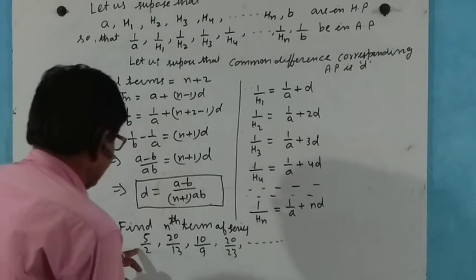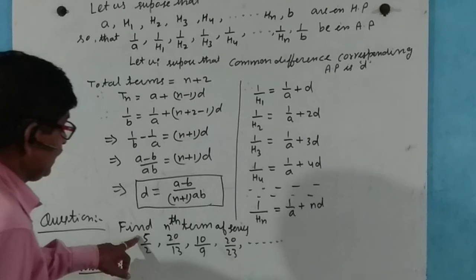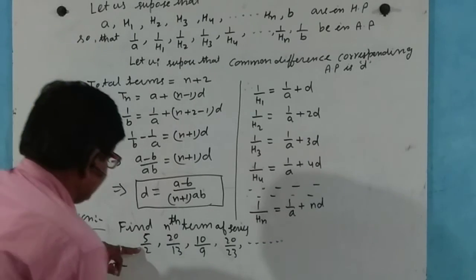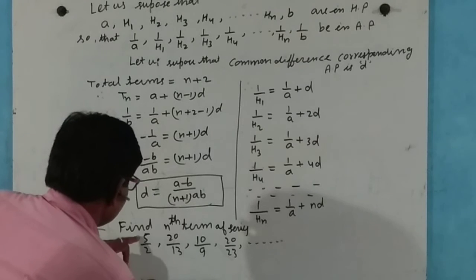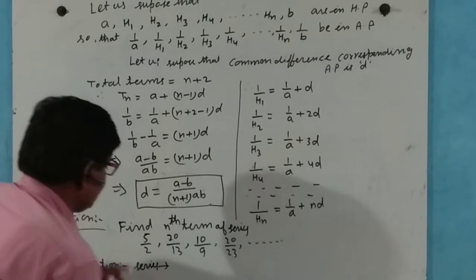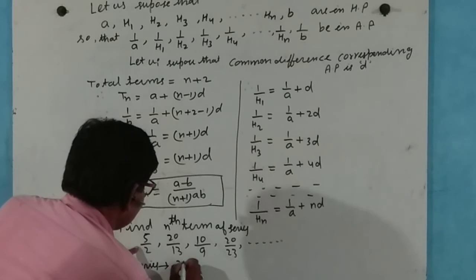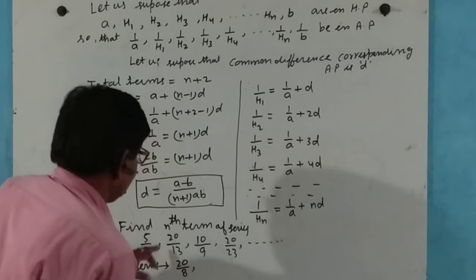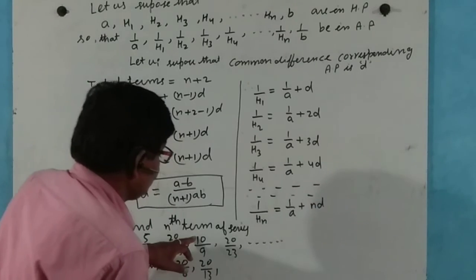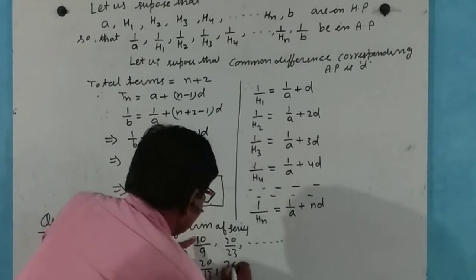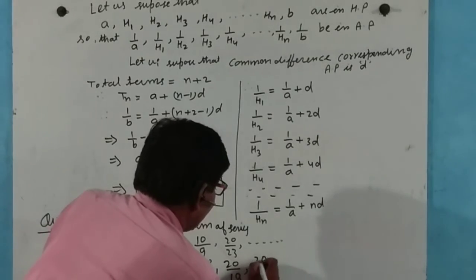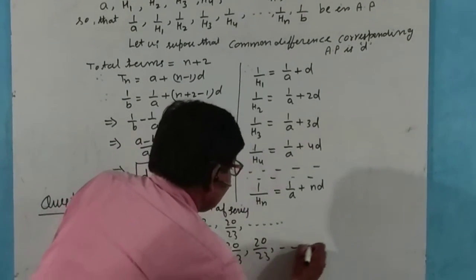This can be written as, if we multiply numerator as well as denominator by 4, the series will be 5 times 4 is 20 by 4 times 2 is 8, 20 by 13, 2 times 10 is 20 by 2 times 9 is 18, 20 by 23.